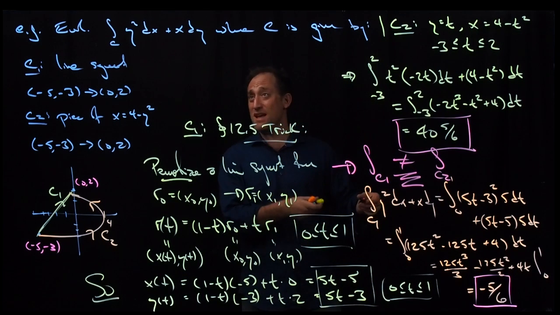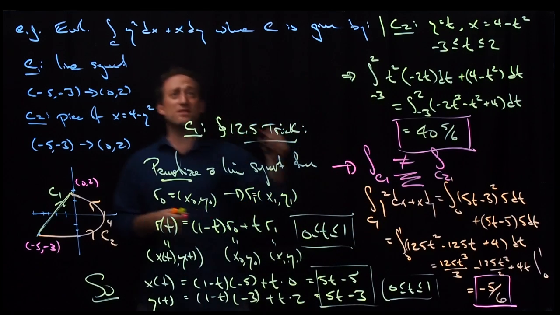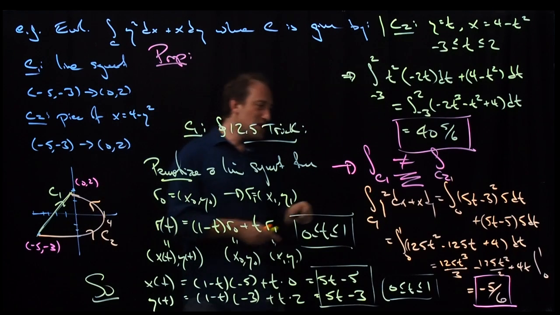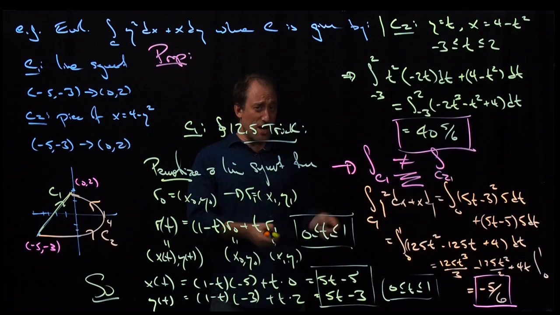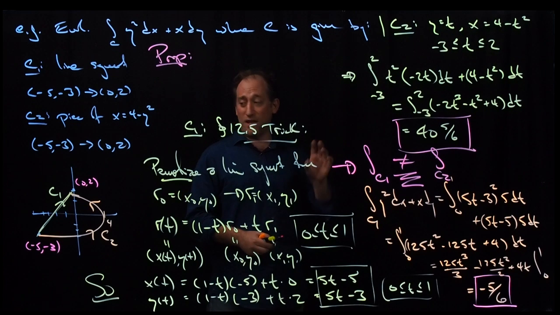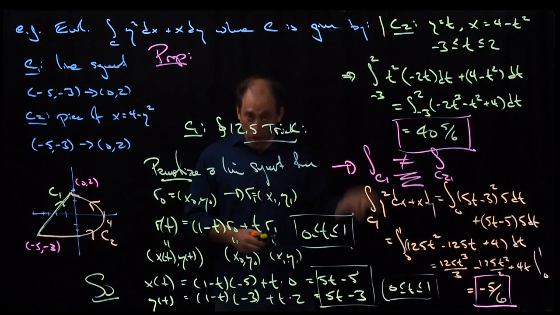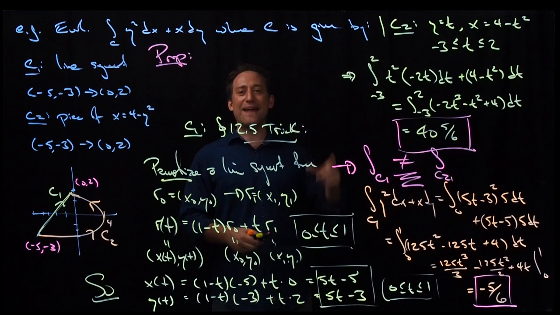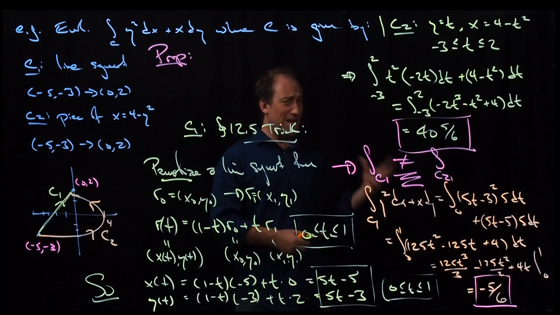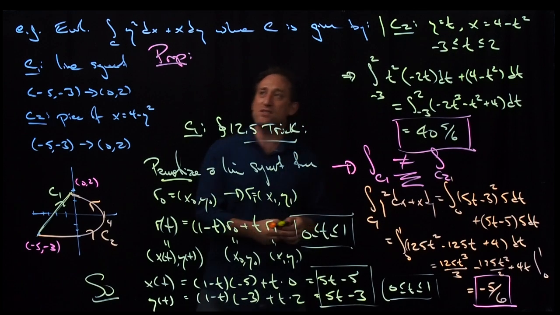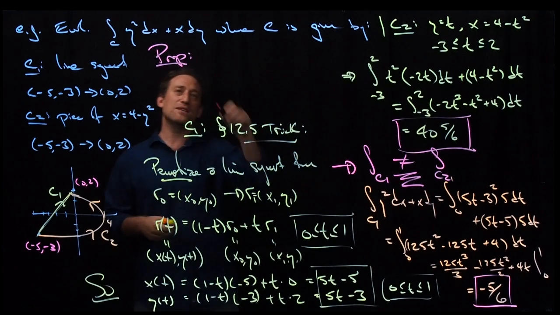This gets me a rather important two-part proposition. Namely, in general, a line integral doesn't just depend on the endpoints. It depends also on the path taken. This wasn't a concern in Calc 1 because the only path you can take is along the x-axis. So let me summarize here.